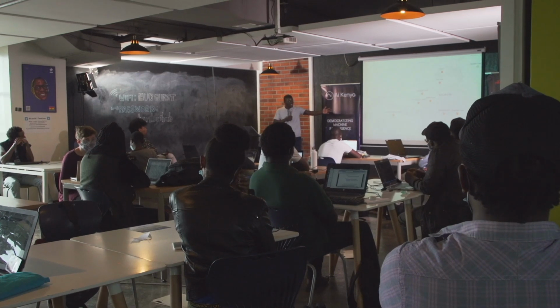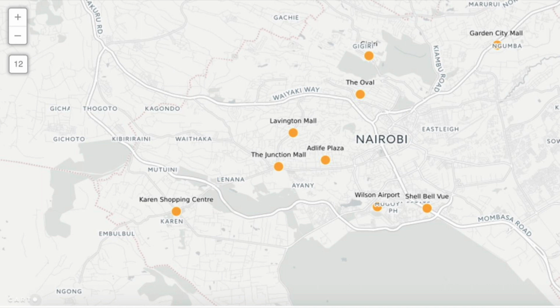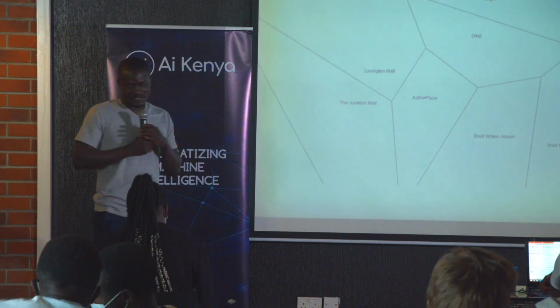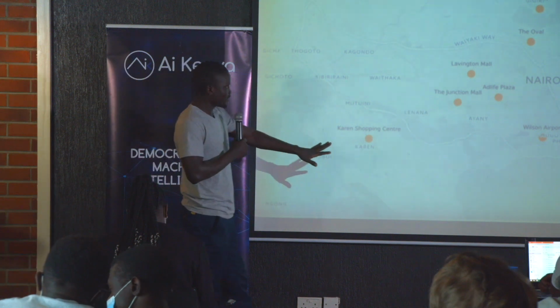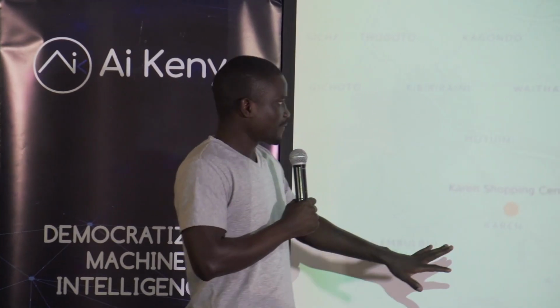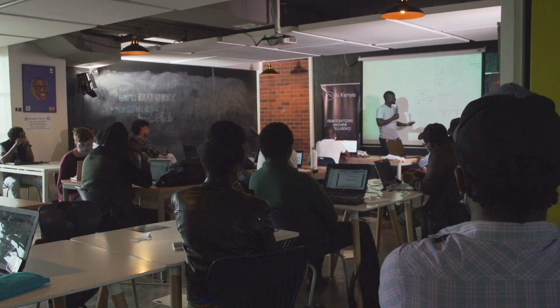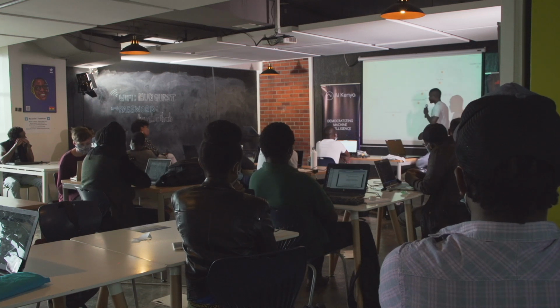So let's hold that thought while we're looking at this map. I became a bit nerdy with this, so these are the same locations that I had before, but now, if I want to create an algorithm, if I am in Isiolo, which is the closest store or outlet I should go to?